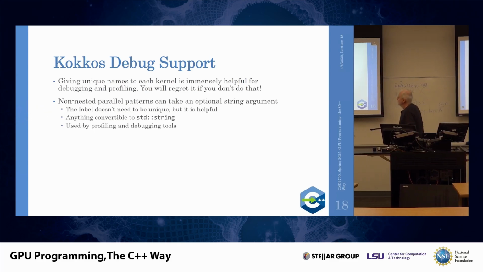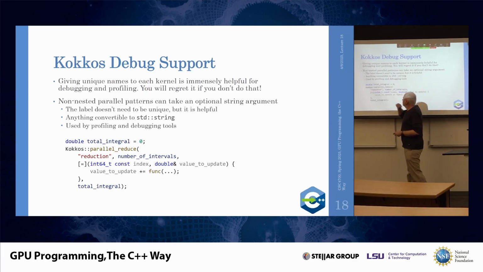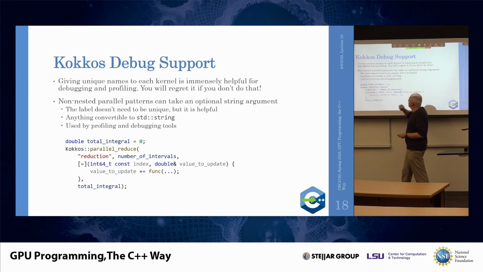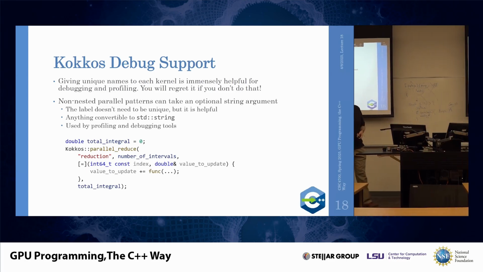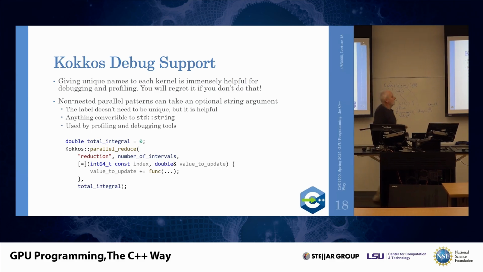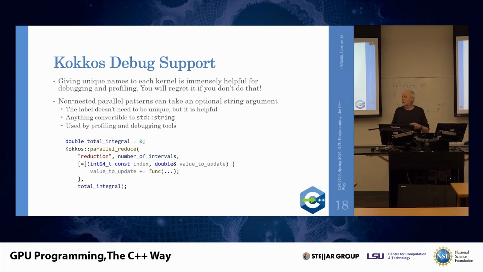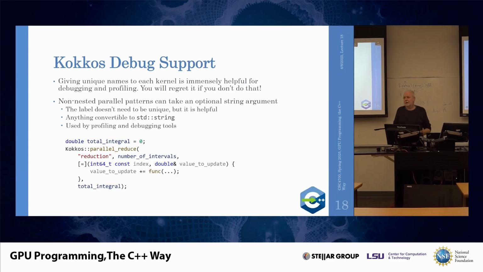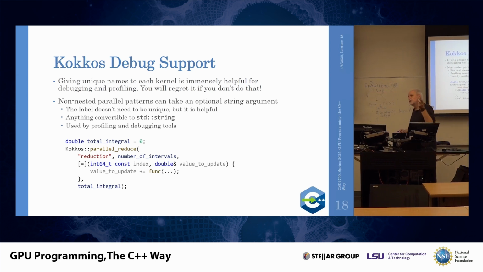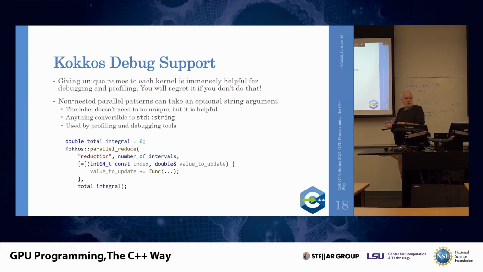What you also want to do is to be able to debug these things better, and you can do that by passing an additional argument as a first argument to these three algorithms, which assigns an arbitrary name to that operation. And that allows you to identify that operation in profiling tools. When you look at a debug session, you will be able to see that name, which helps you to identify the piece of code you're looking at.